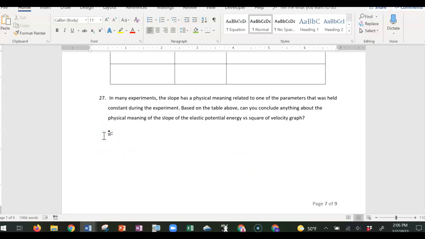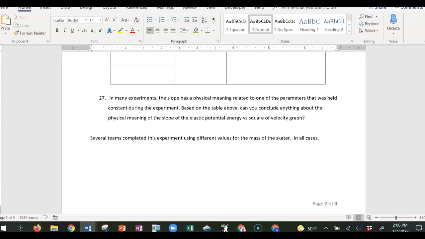We would say that several teams completed this experiment using different values for the mass of the skater.